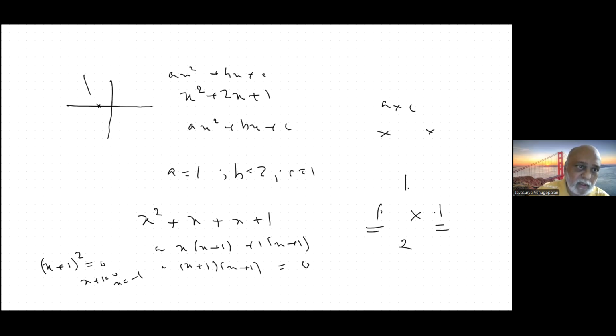This is the parabolic curve corresponding to x squared plus 2x plus 1. I have factorized it, found the roots, and depicted the roots where it cuts the x-axis. In this case, it touches the x-axis, and then I can draw the curve. I'll have a rough idea of how the curve looks.